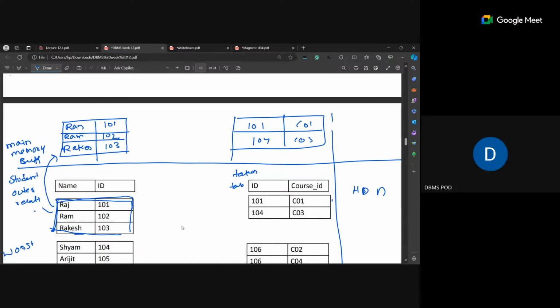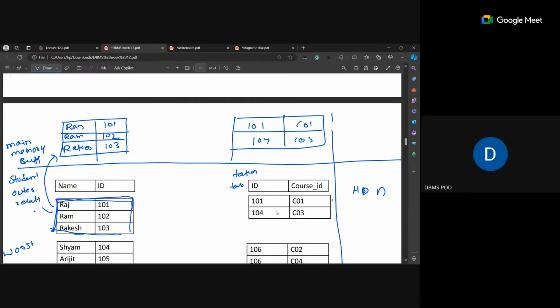I intentionally took 2 tuples in a block because it depends on the size of each tuple, right? It may be less, it may be more. If the size of each tuple is more, then one block will contain fewer tuples.